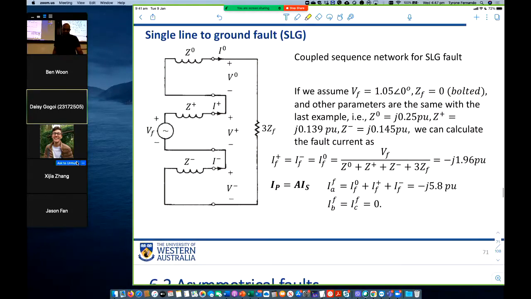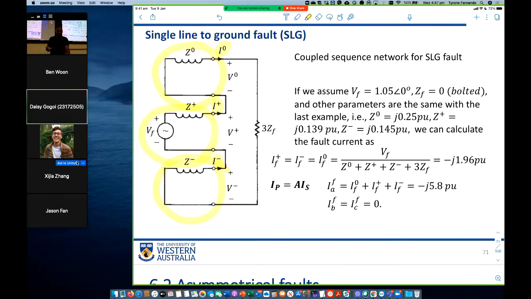If it's a line to ground fault, here is the zero sequence circuit, here is the positive sequence circuit, here is the negative sequence circuit. We connect them in series. When we connect them in series, all the three sequence currents are the same, but we can calculate them.